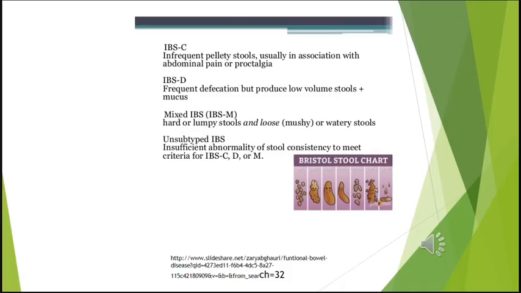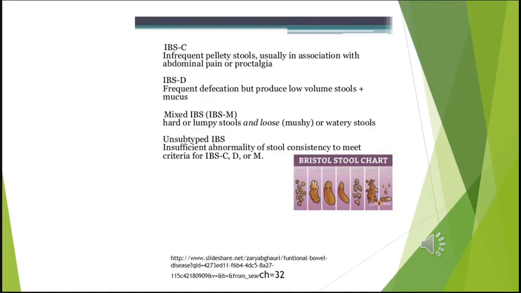IBS differs from other gastrointestinal functional disorders in that the IBS constipative oftentimes has infrequent pellety stools, and it's usually in association with abdominal pain or pelvic floor pain, particularly around the anal rectal region, called proctalgia.